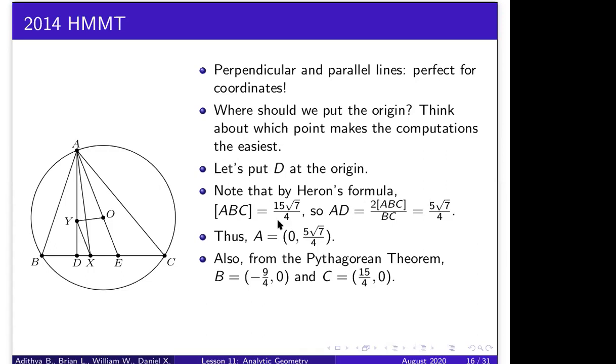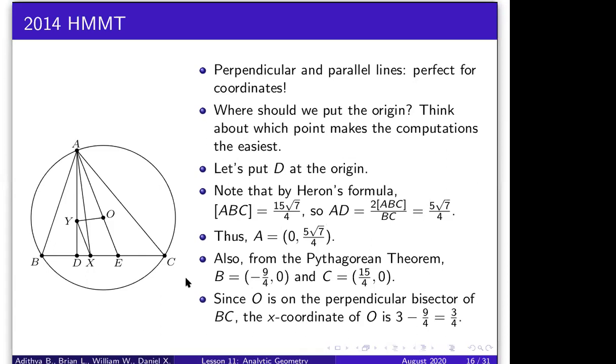But yeah, that's the general idea. Since O is on the perpendicular bisector of BC, the x distance from O to B is 3. And since BD is 9/4, the x coordinate of O is 3 minus 9/4, or 3/4.